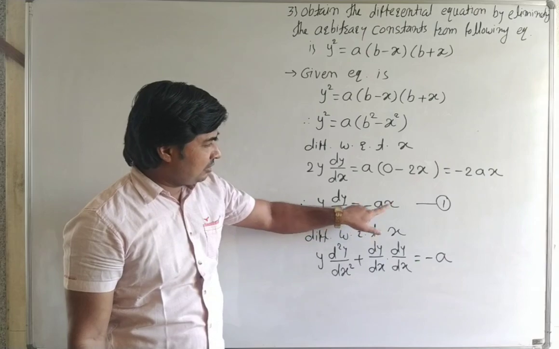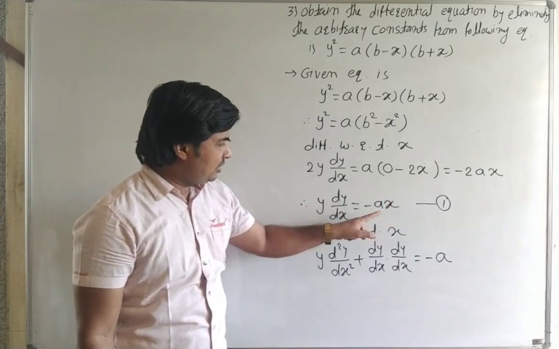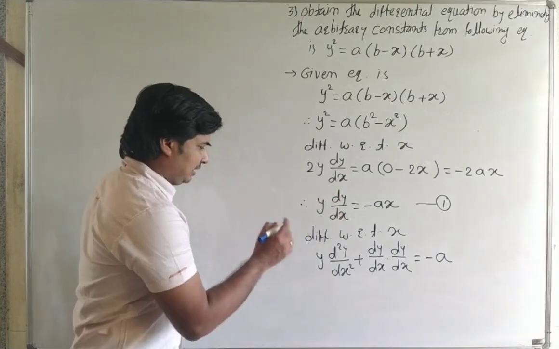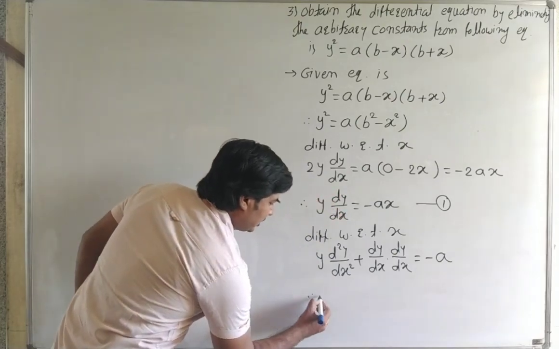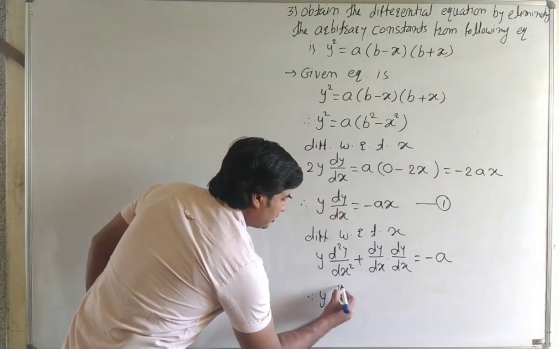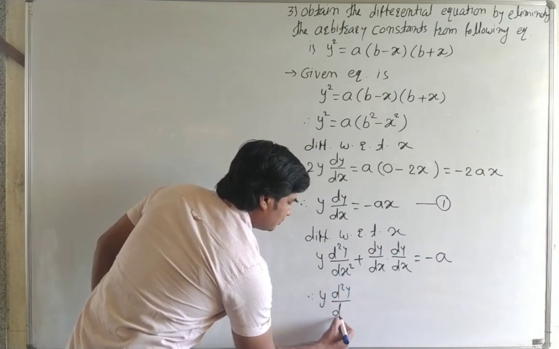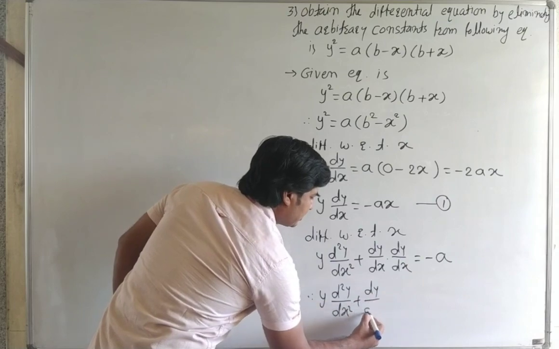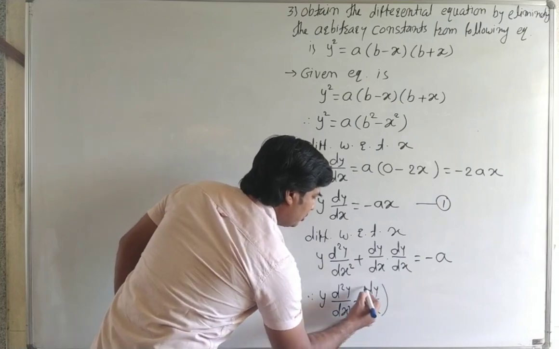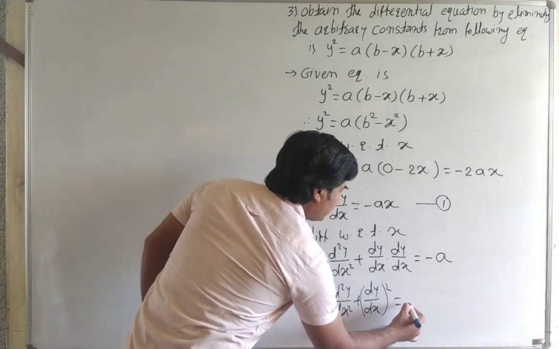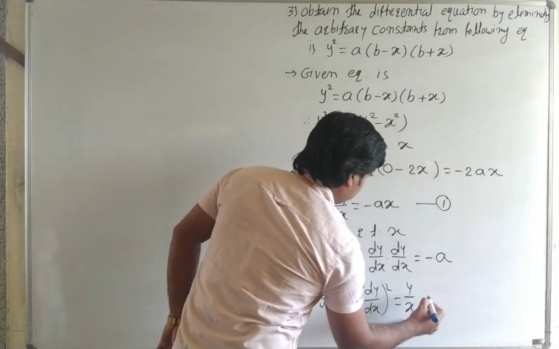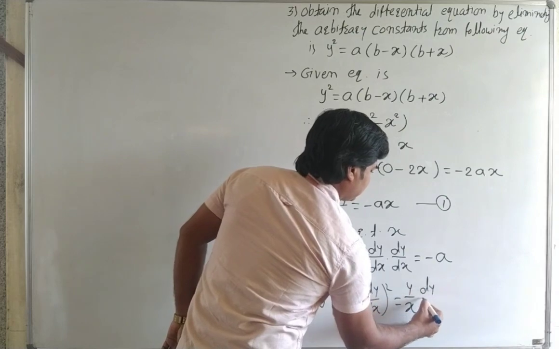Then from equation 1 we get minus a is equal to, taking x here, y by x dy by dx. Therefore we can write y d2y by dx2 plus dy by dx whole square is equal to y by x dy by dx.